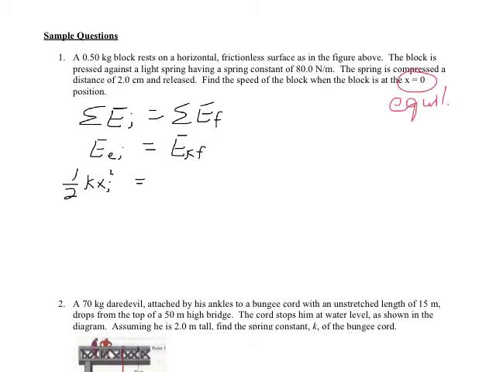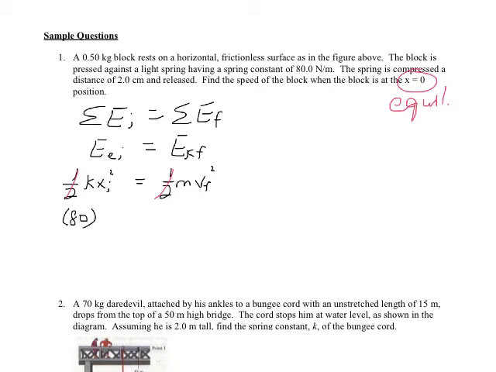And since I have kinetic energy when the block is released, I now have 1/2 mv squared. And I'll put a subscript of f for the final speed of that block. I think you guys can all recognize that we can eliminate the 1/2 on both sides of the equation, and let's just plug in the variables that we know so far. The spring constant, like you said, was 80 newtons per meter.